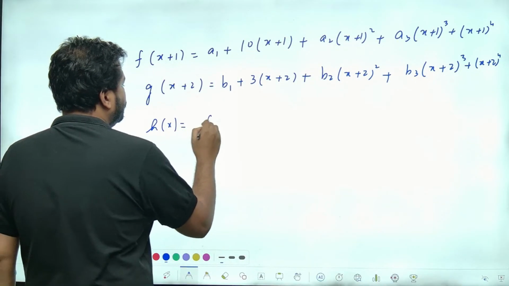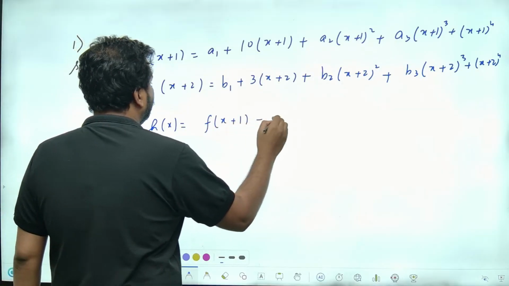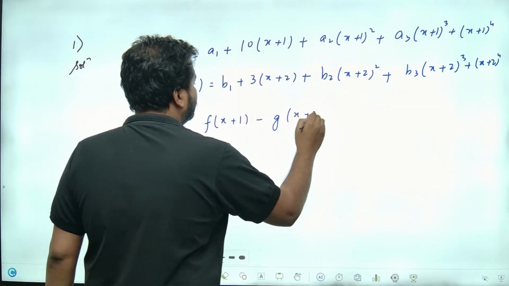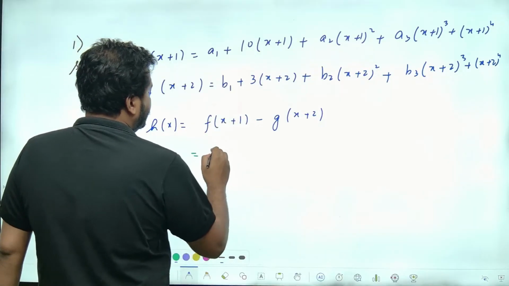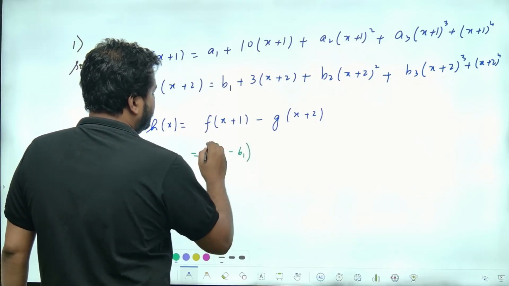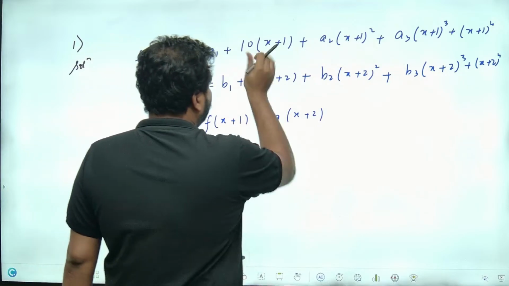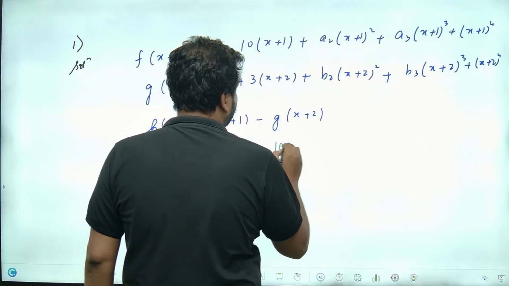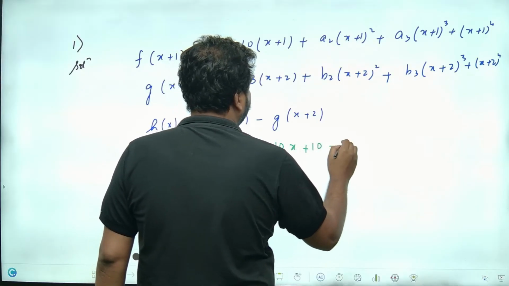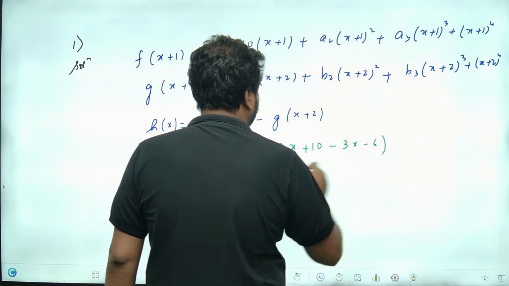It is equal to f of (x plus 1) minus g of (x plus 2). It is equal to a1 minus b1 plus 10 times (x plus 1) minus 3 times (x plus 2), that is 10x plus 10 minus 3x minus 6.